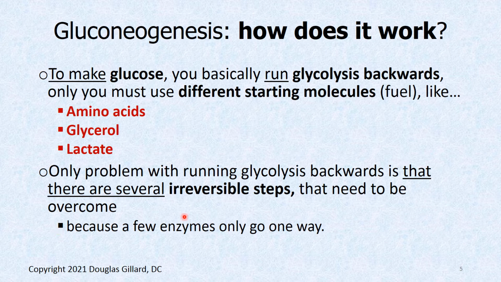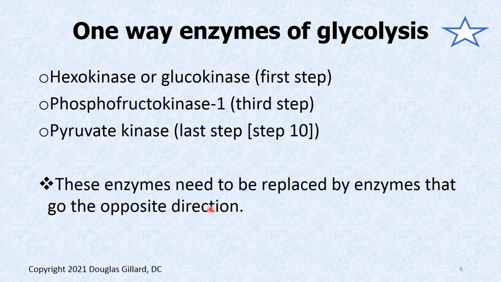And the problem is those irreversible steps. So which are the irreversible steps? That's a nice, easy softball biochemistry question that I'm sure you've had to memorize before. The very first enzyme in glycolysis is hexokinase, which is in many tissues in the body, like your muscle tissue.